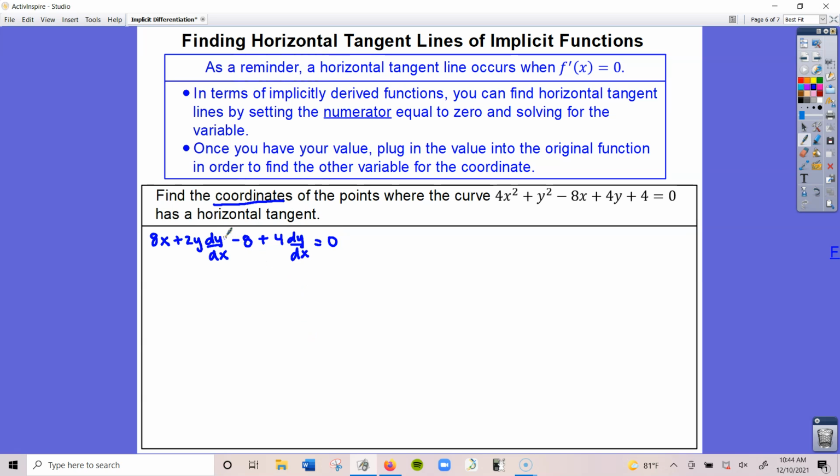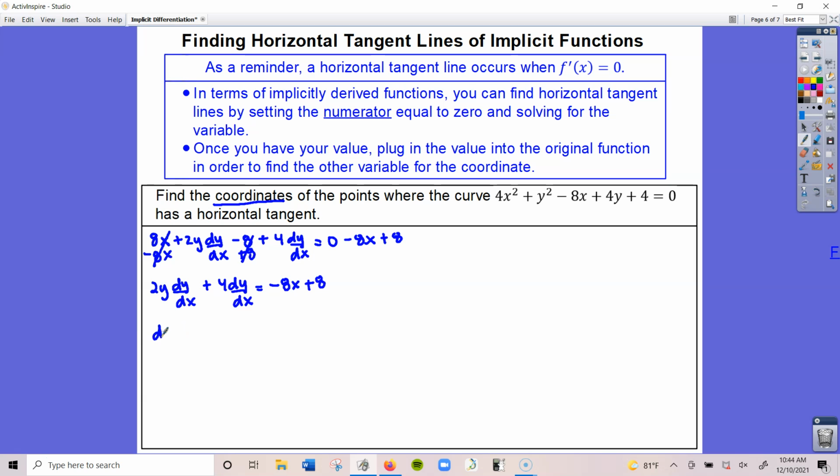So we want all the dy/dx's on one side, which they are, and so now I'm going to subtract this 8x over to the other side and add the 8. So that way everything else is on the other side. So we got 2y dy/dx plus 4 dy/dx is equal to negative 8x plus 8.